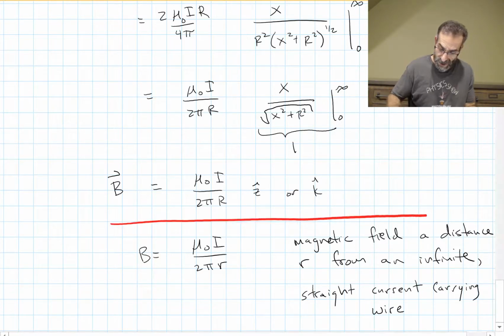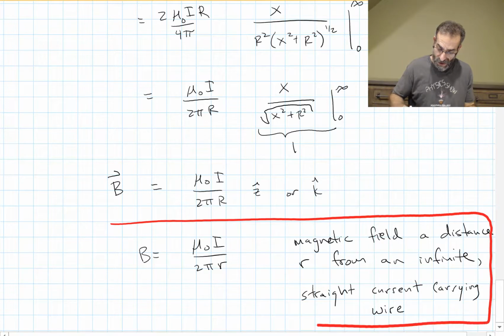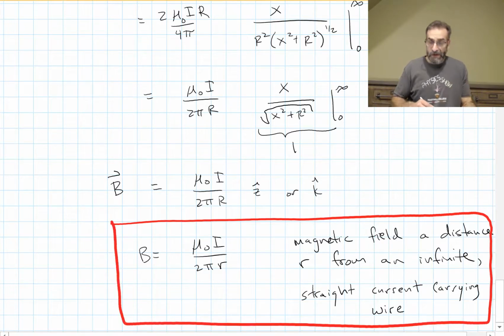The magnetic field, a distance r from an infinite straight current carrying wire.